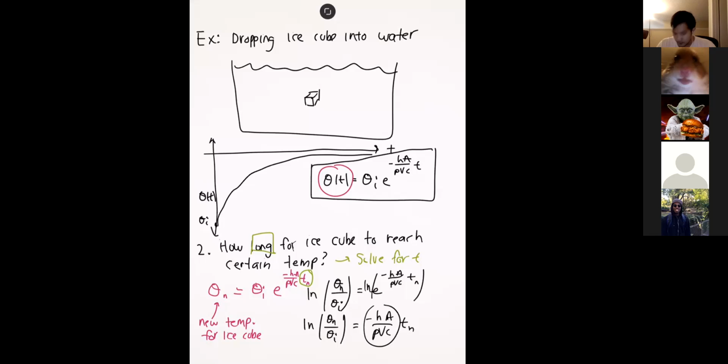Okay. Any questions on this? All right. And so we multiply both sides by that inverse, and we get the following. So we have tn is equal to minus rho Vc over hA times ln of theta n over theta i.